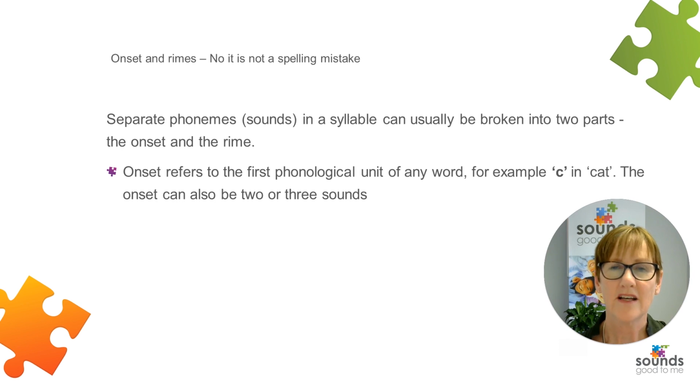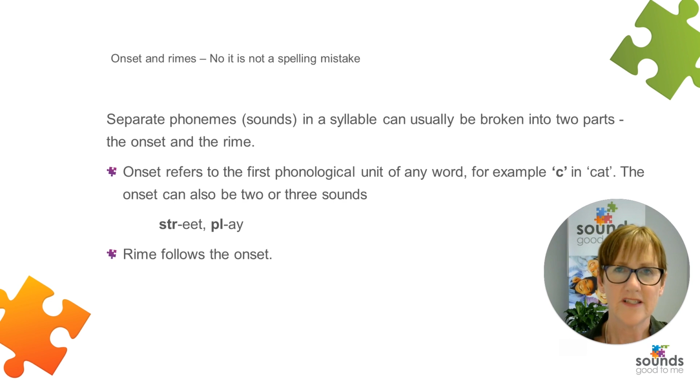For example, k in cat is the onset. Or the onset can be 2 or 3 sounds. So in the word street, the onset is 3 sounds. Str. In play, the onset is 2 sounds. P, l.